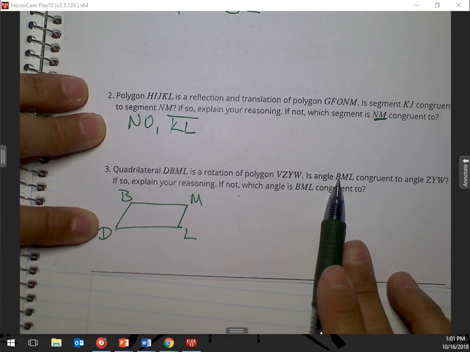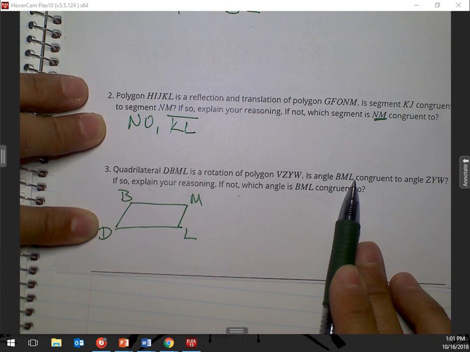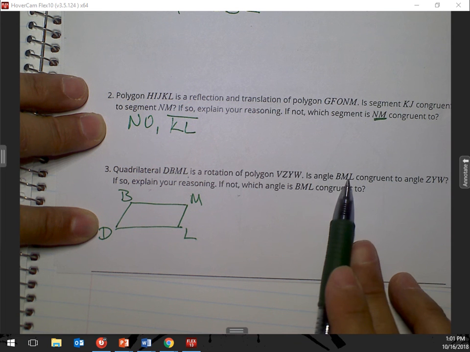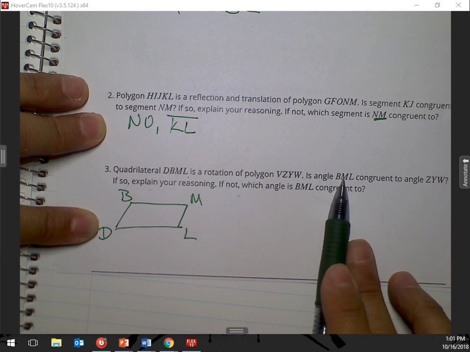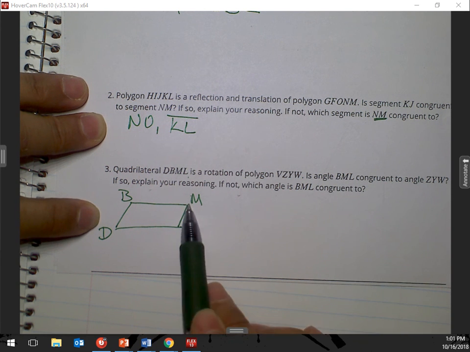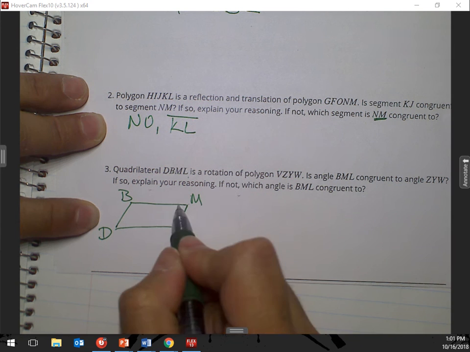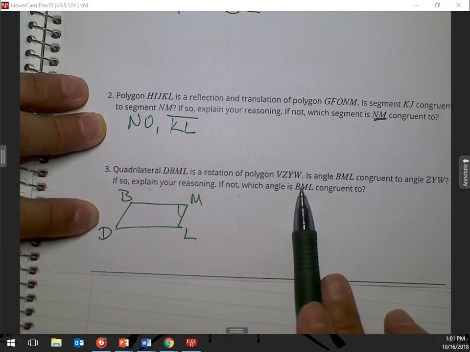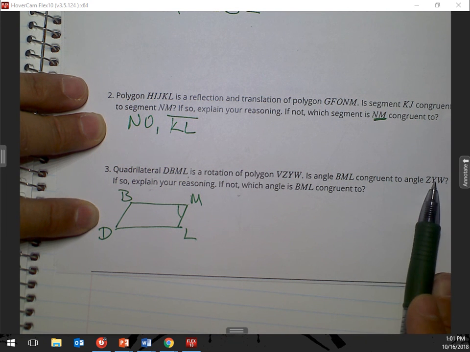Is angle BML congruent to angle ZYW? Let's look at this again. Where's the angle located? It's at M, between B and L, right? So is it congruent to angle ZYW?